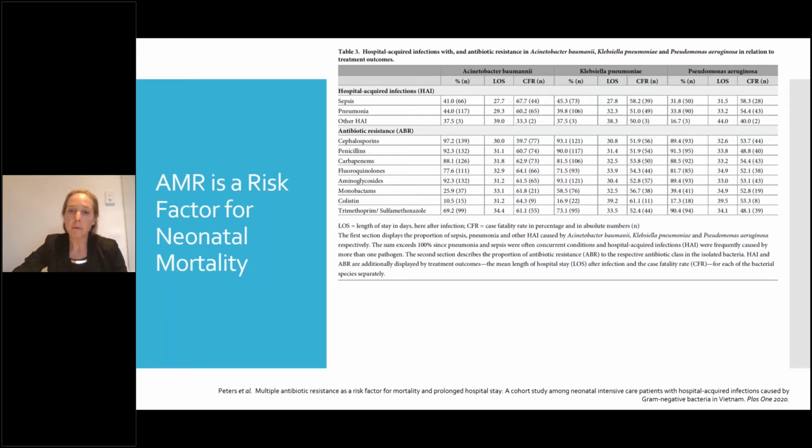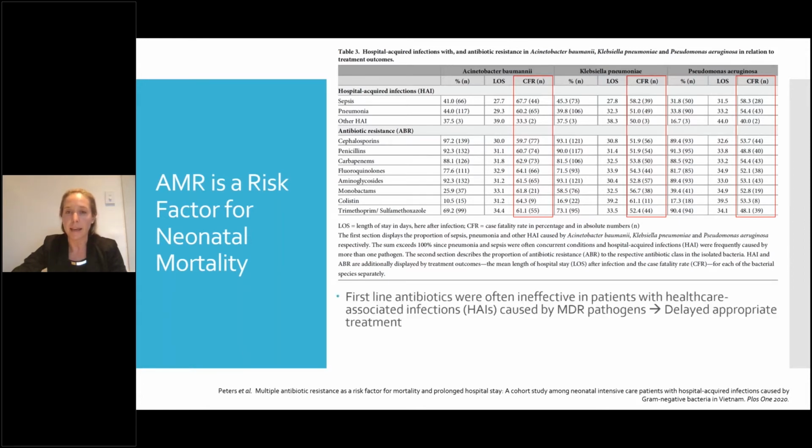And then this paper also came out this year, and again, similar to the data that was published in 2016, tried to elucidate the link between antimicrobial resistance and neonatal mortality. And when we look at these gram-negative organisms and the case fatality rates that are implicated for many of these babies, we can see that across these gram-negative organisms, there were very high case fatality rates at these units in Vietnam.